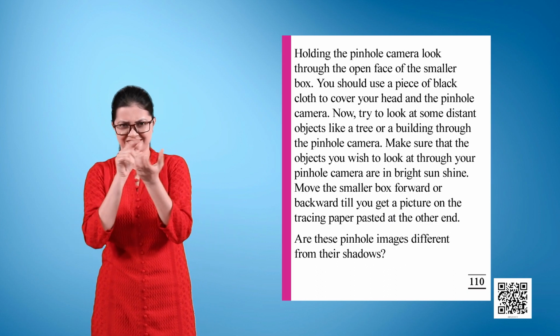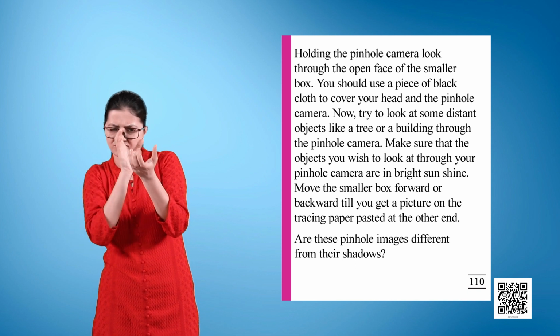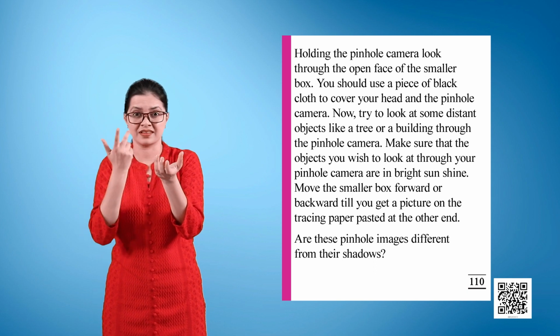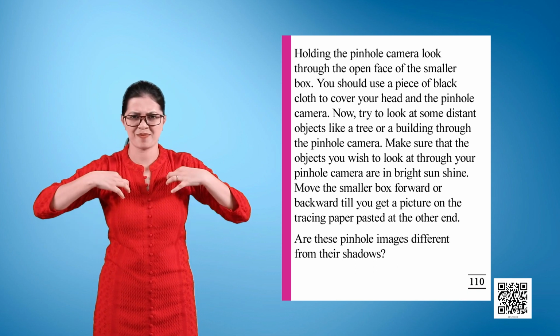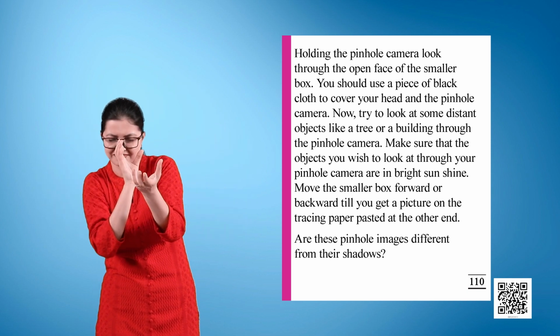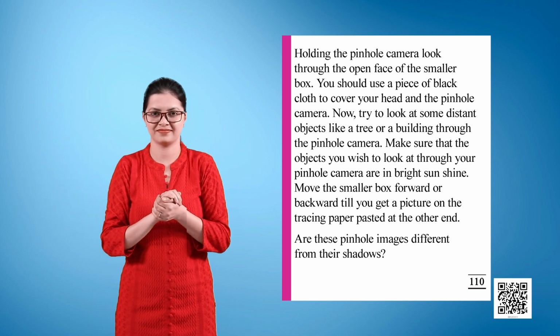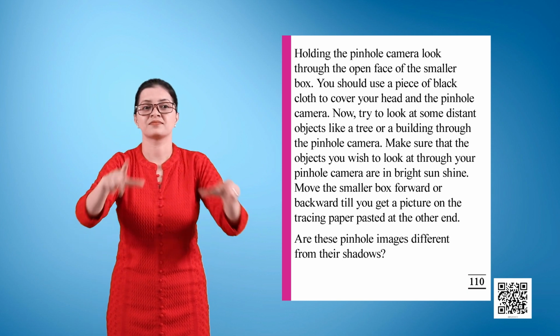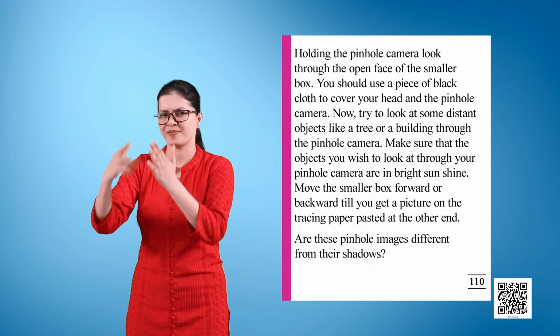Hold the pinhole camera, look through the open face of the smaller box. You should use a piece of black cloth to cover your head and the pinhole camera. Now try to look at some distant objects like a tree or a building through the pinhole camera.